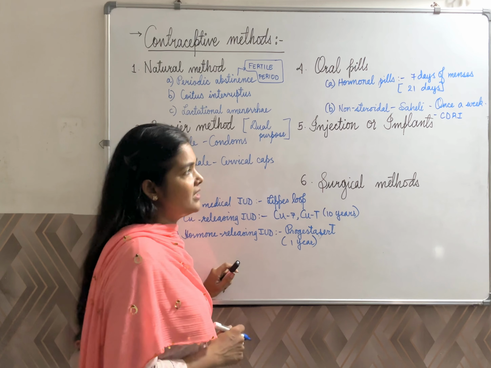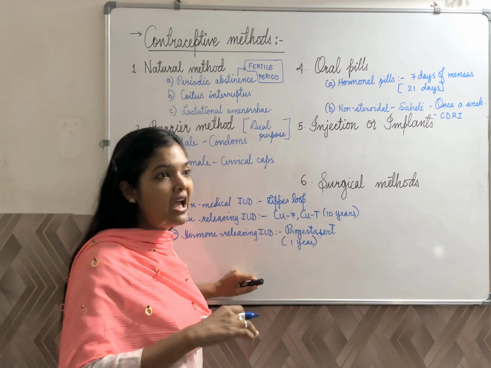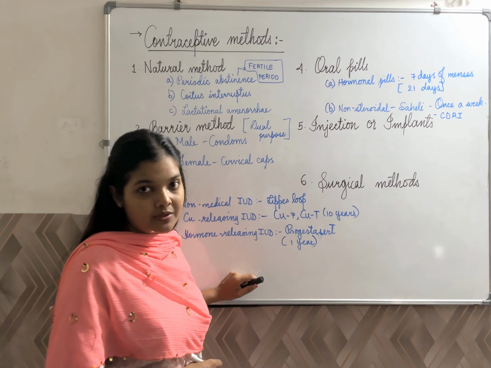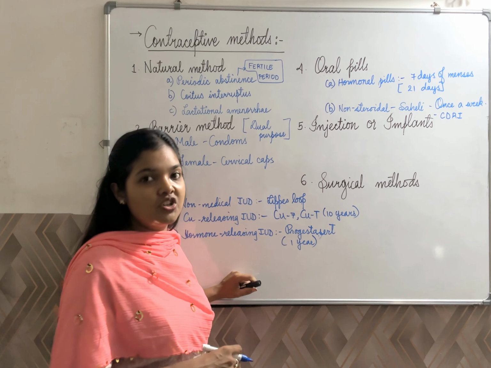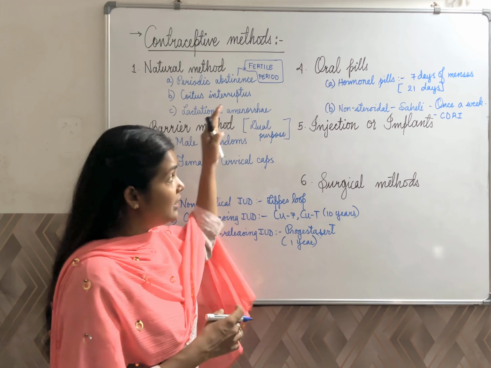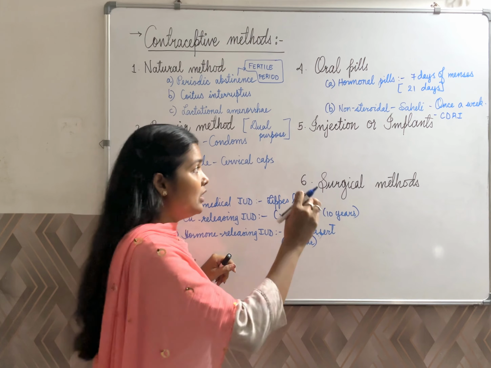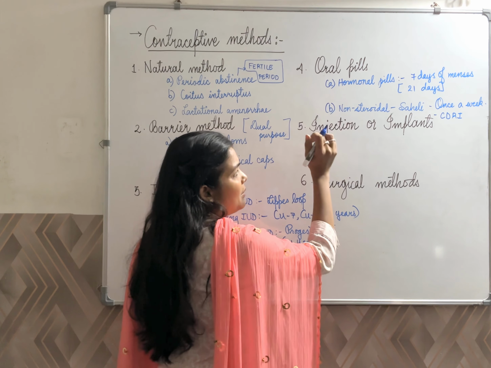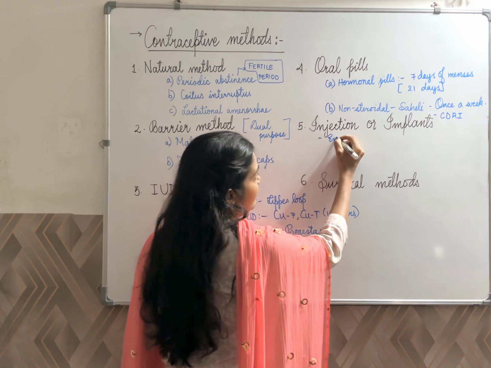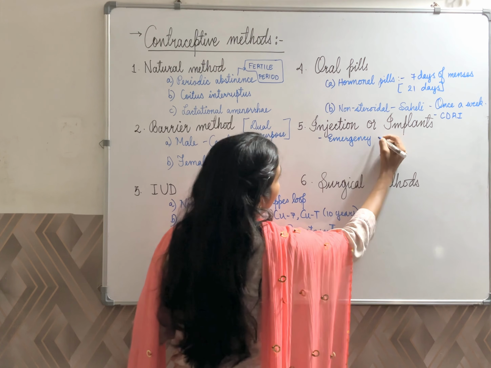Now, if a female wants to avoid pregnancy after having an unprotected coitus, or due to any crime-related reason, or she has missed taking any of the previously discussed contraceptive methods, then in order to avoid that pregnancy, one emergency contraceptive which is available is this injection or implant.